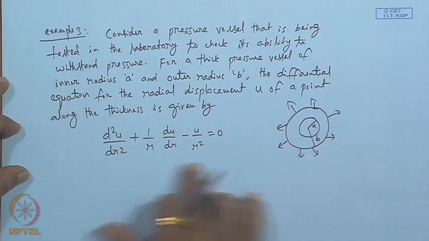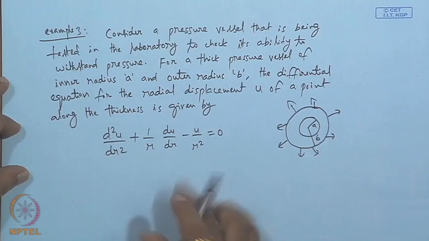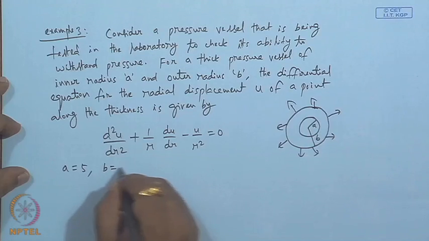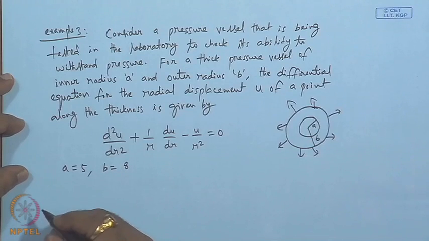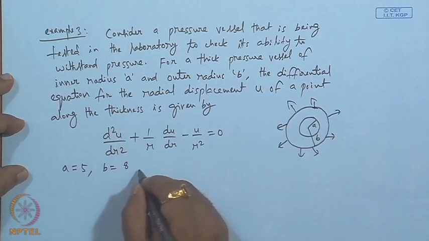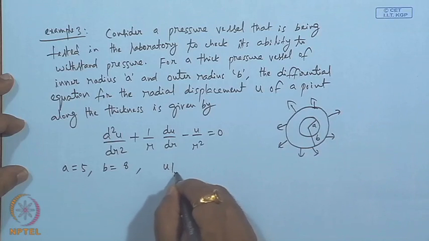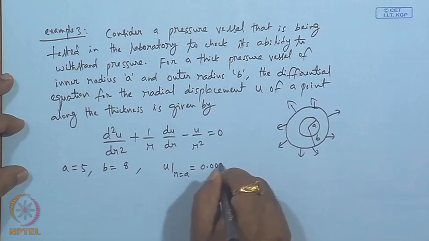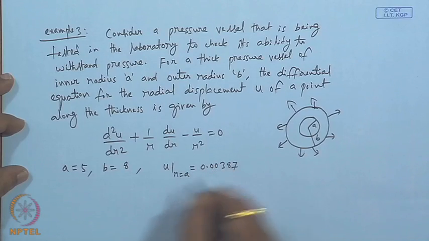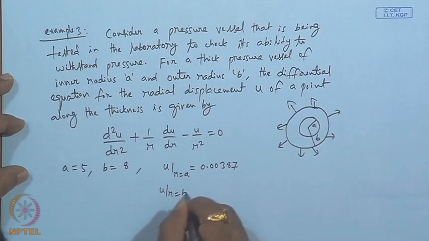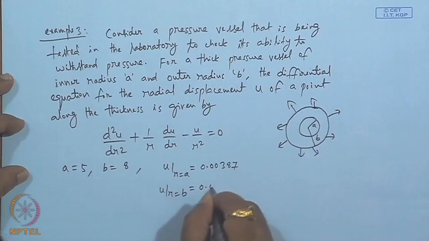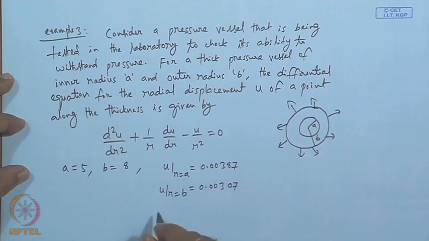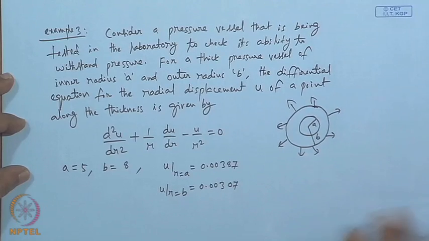It is governed by this equation, and let us say A is 5 units and B is 8 units, and given u at r equals A is some value and u at r equals B.